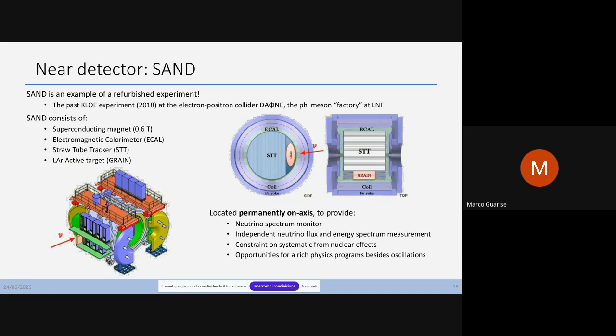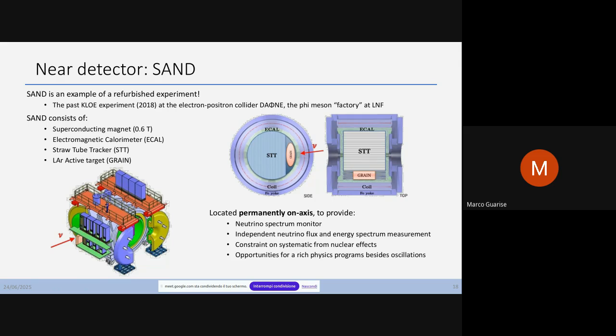And later on we have, as I said previously, SAND, which is a refurbished detector. SAND was previously an experiment at Frascati, and now we are refurbishing the inner tracker, the calorimeter, and some parts of the magnet.